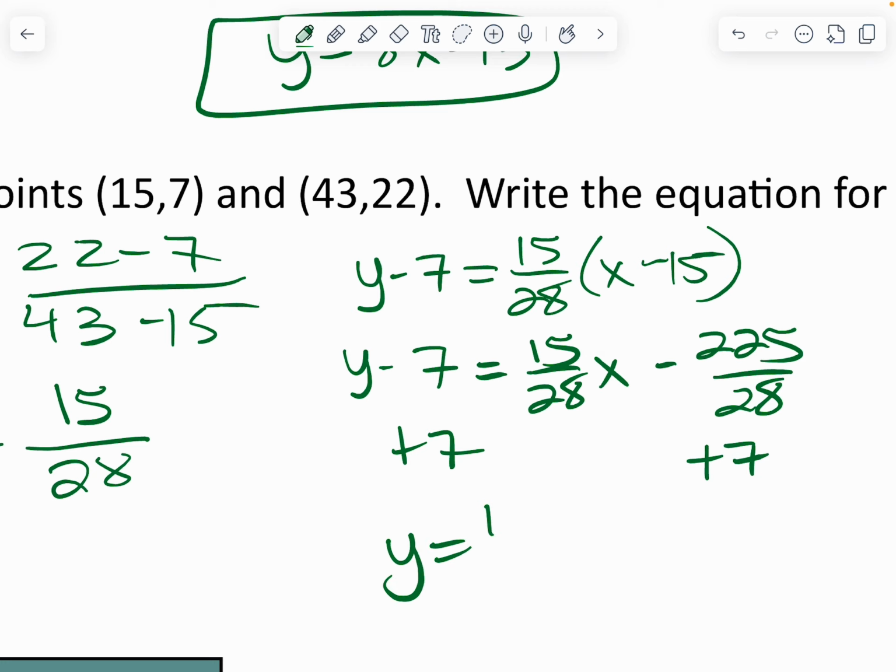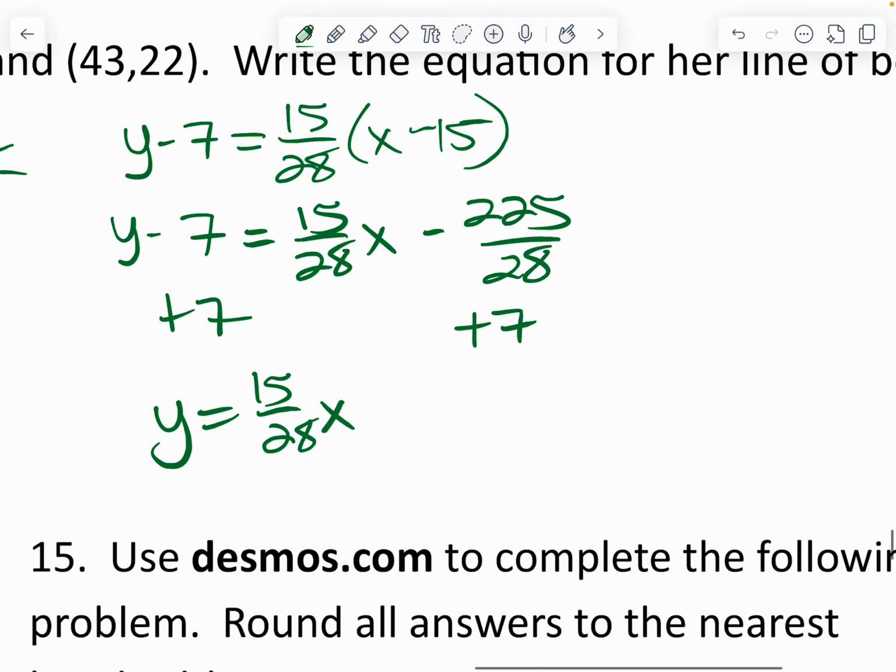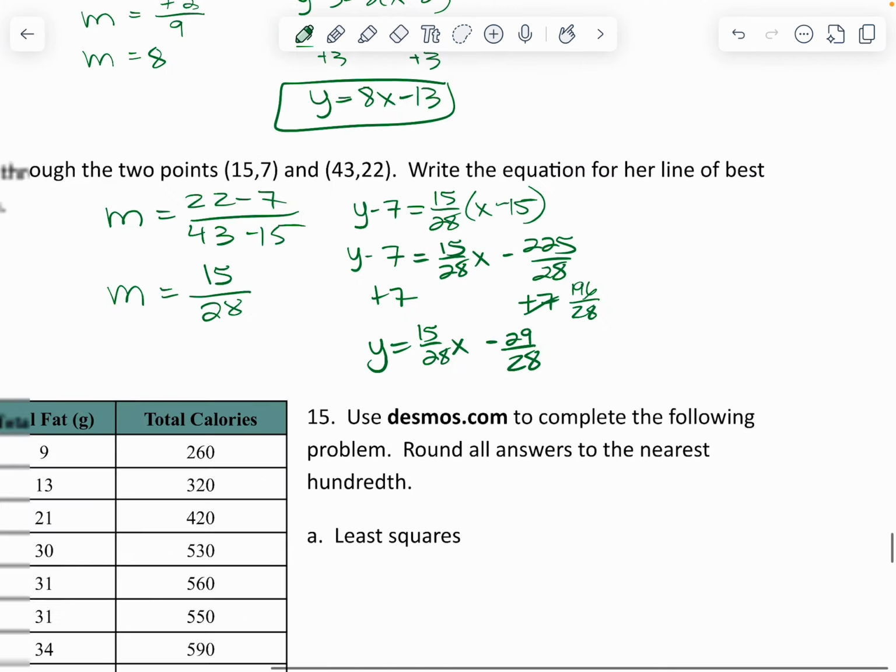I think they meant to change one of those numbers. I don't care. I can do this. Okay, 28 times 7. So this is 196 over 28. 225 minus 196. So this is going to be minus 29 over 28. Yeah, somebody messed that up.